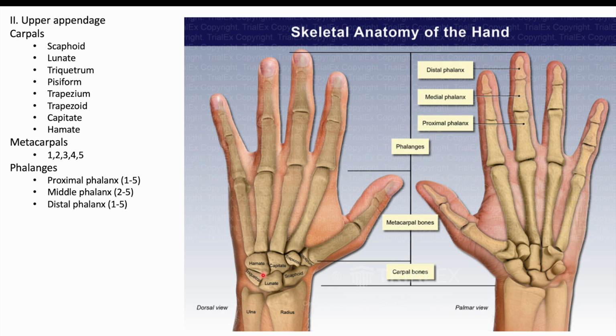The pisiform is not really involved in the movement of the wrist. The trapezium bone right here is the one that allows you to really rotate your carpal bone, and it's really involved with the thumb movement.